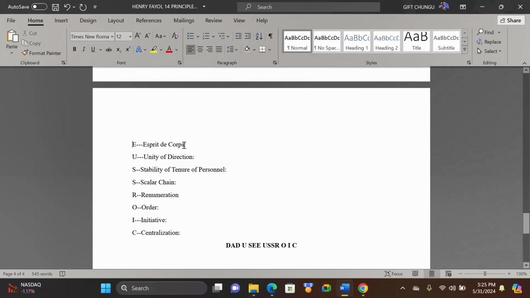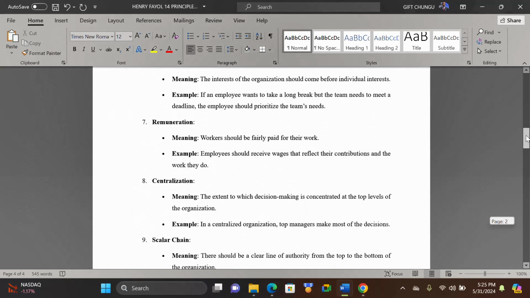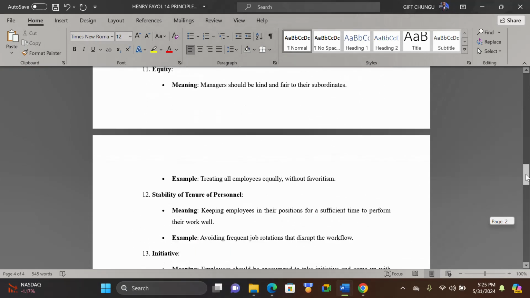And then we have also E, which is spirit. We have what we call esprit de corps. Now, when we are looking at esprit de corps, what is it that we are looking at?